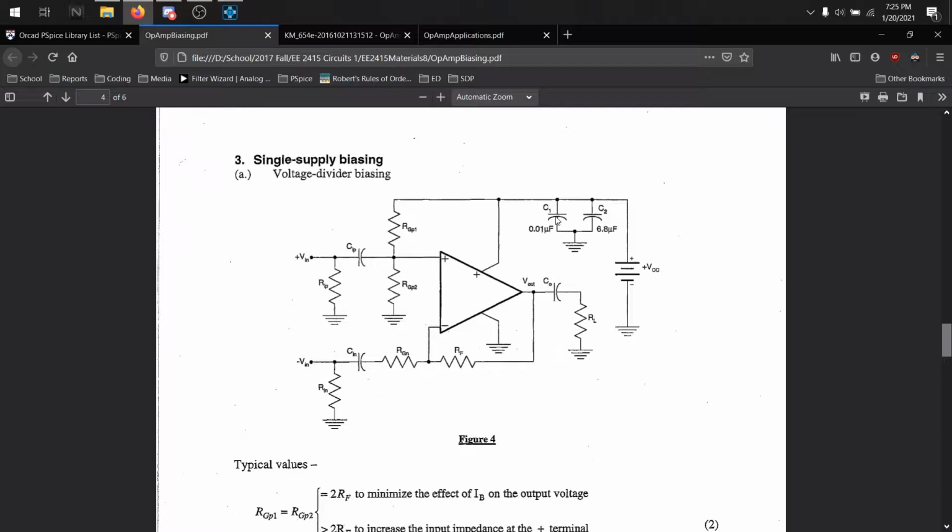They filter out noise or high frequencies. Ideally, you'll have a really stable DC voltage into your op amp. And then these capacitors here keep the DC out of your input and output.